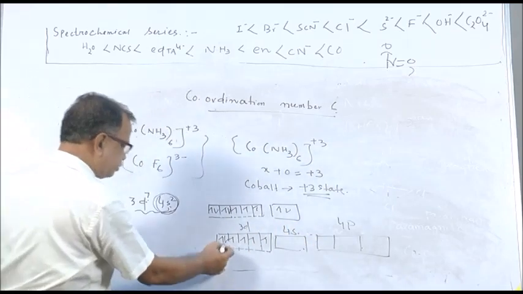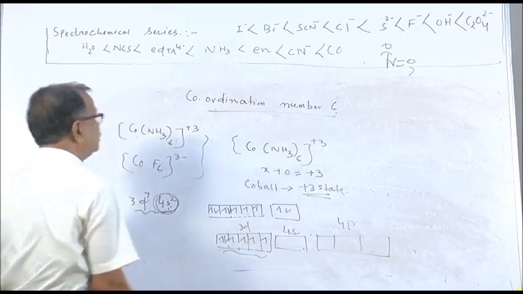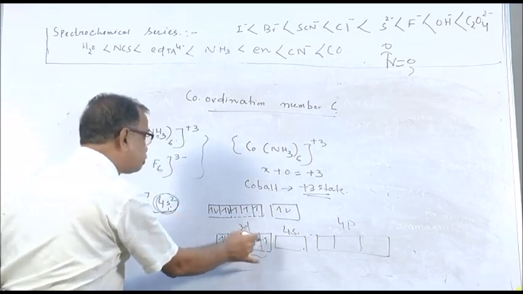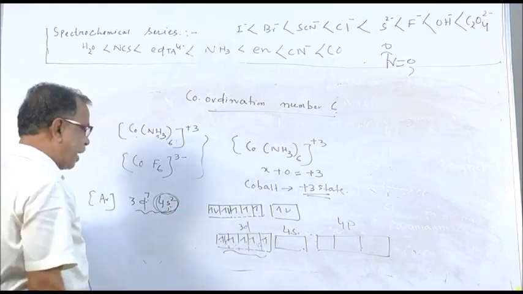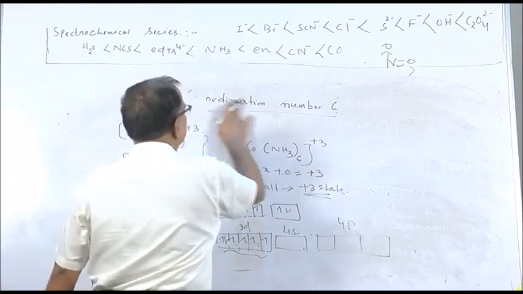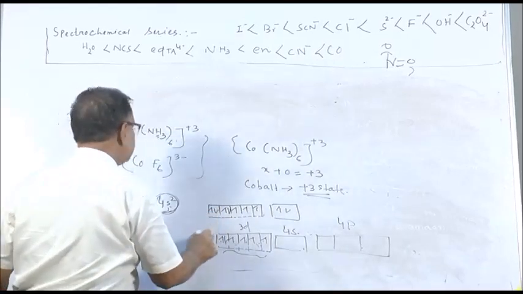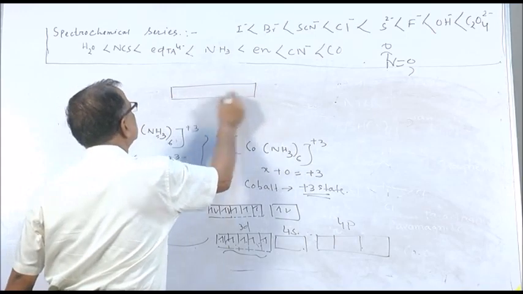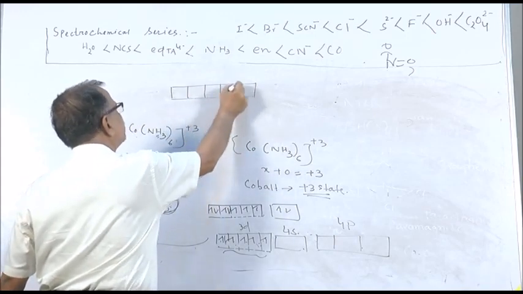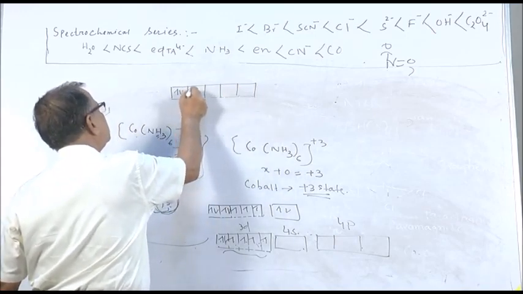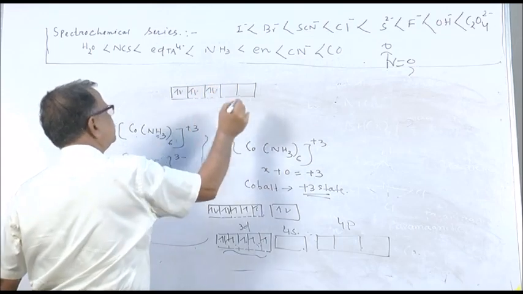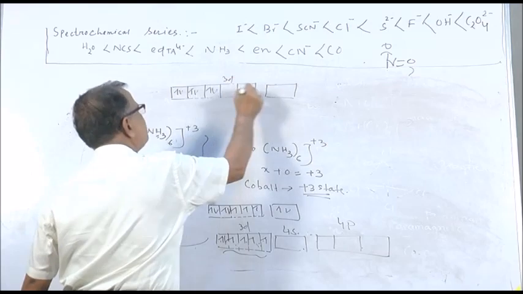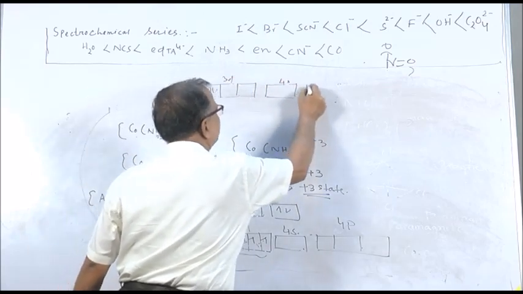Now there are 6 electrons and the ammonia ligand. Ammonia is a strong ligand, so pairing will take place. After pairing it will come like this, 3d6, 4s, 4p.